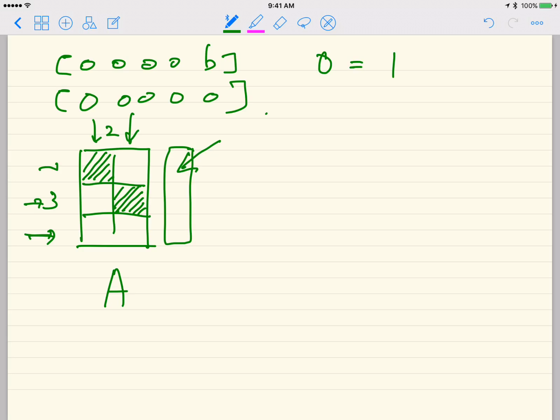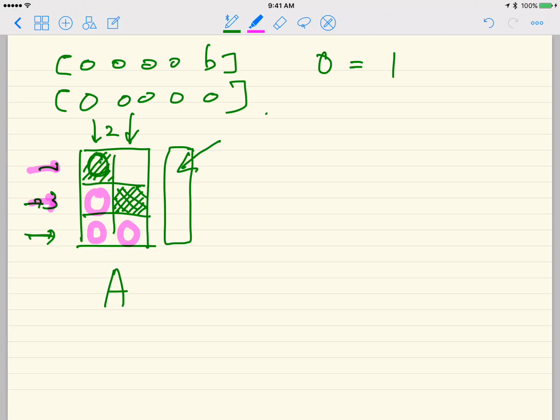It's not possible, right? Because if we have a pivot here, then we have to see zeros here, right? That's the definition of an echelon form, or reduced echelon form. And then if we see a pivot here, we also have to see 0 here, right?